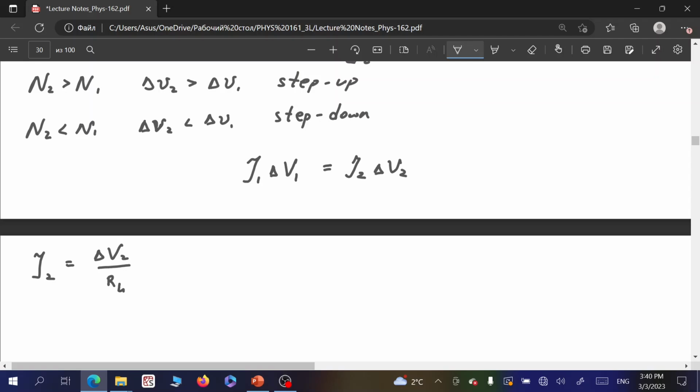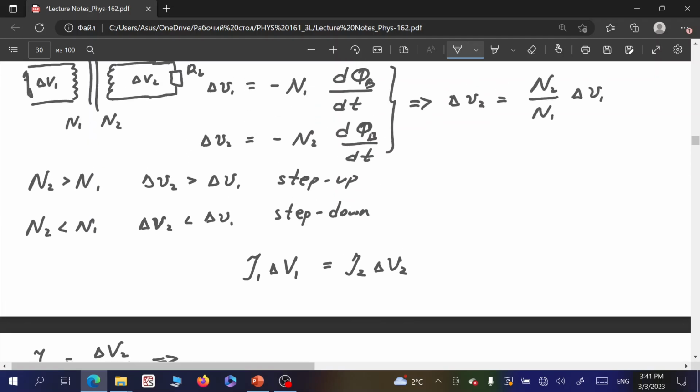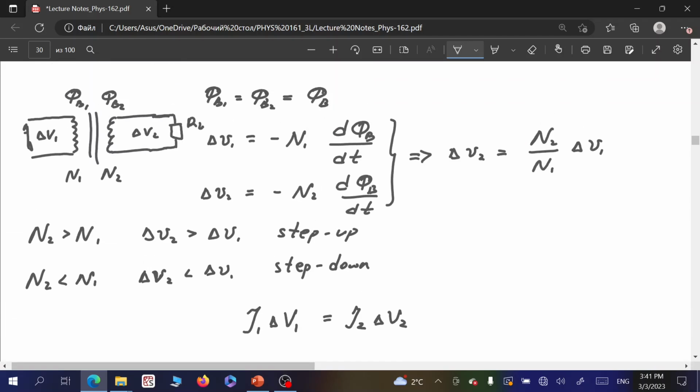However, it's not so clear how we define the so-called equivalent resistance of the primary coil, because we do not have any load resistor connected to it. So it goes directly, let's say, from the transformer, and this equivalent resistance will be a function of several parameters.